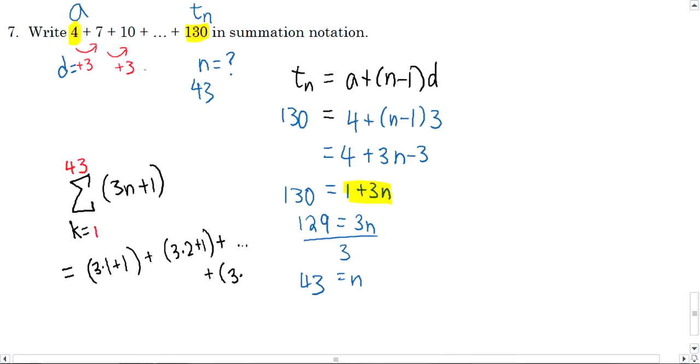Let's see what this becomes. And indeed, it is what our original question is: 4 plus 7 plus and so on plus 130.